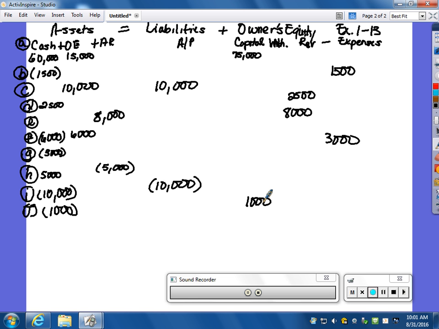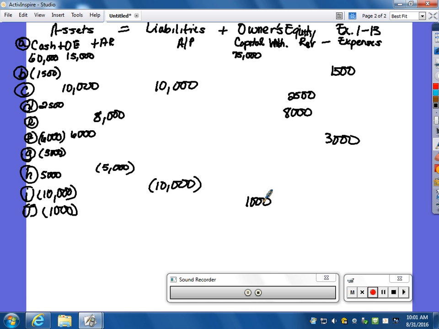Same thing with expenses. Do you have a utility expense until you get a utility bill? No. You can't say, I have a utility expense, when you have no bill. Same thing with withdrawals. We cannot recognize withdrawals until that owner actually went and took money out. So this is why it's an increase. And to take it a little further, it's an increase in what?